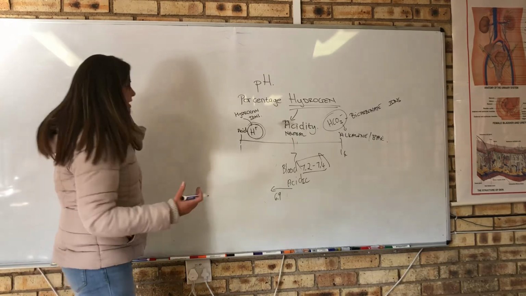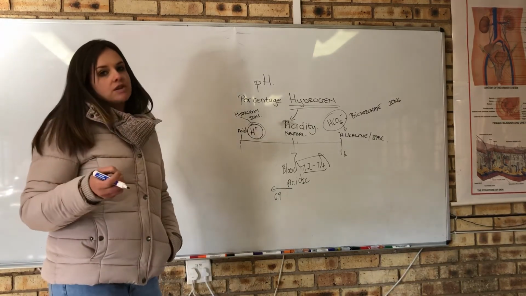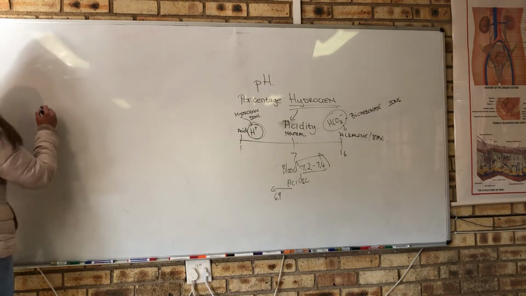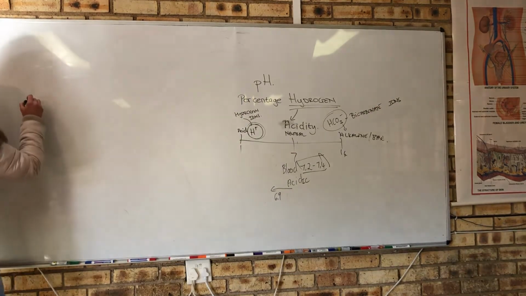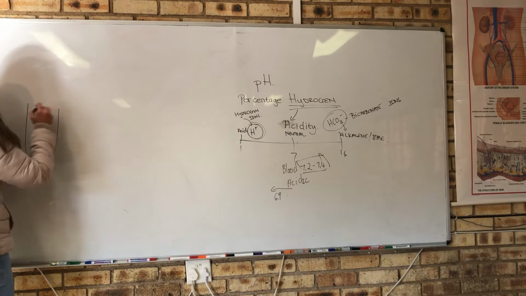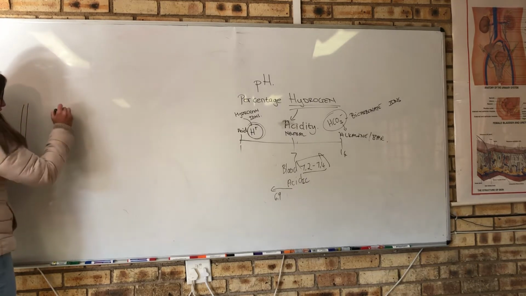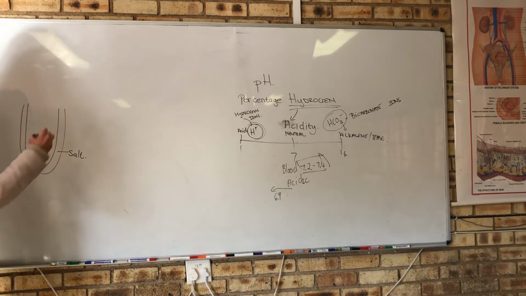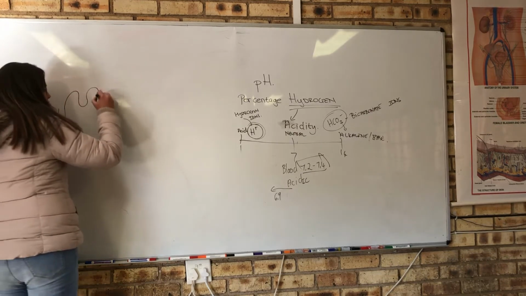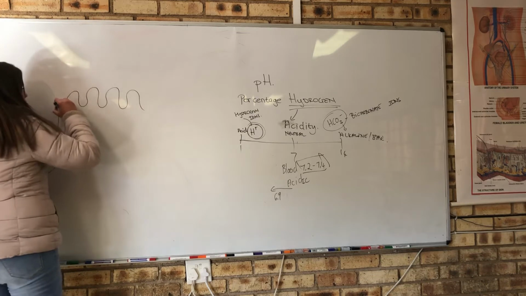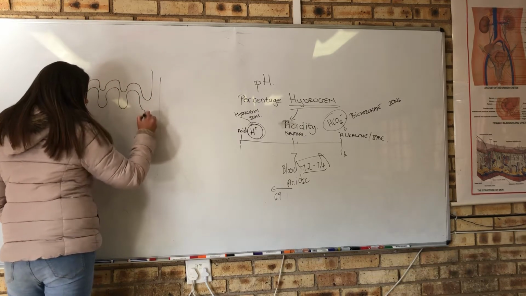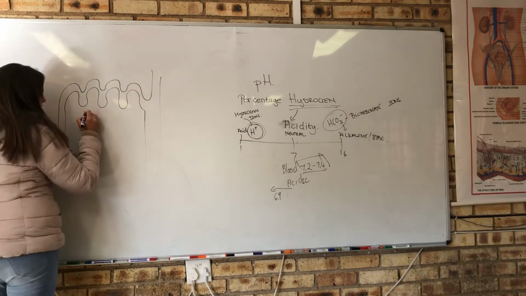Now, the regulation of pH happens at a specific area of the nephron. That is the next part, and so I'm going to draw it over here. I'm going to start with the loop of Henle. So we just have our loop of Henle that we've just come out of, and that was the regulation of salt. We're now in this area called the distal convoluted tubule, joined to the collecting duct.